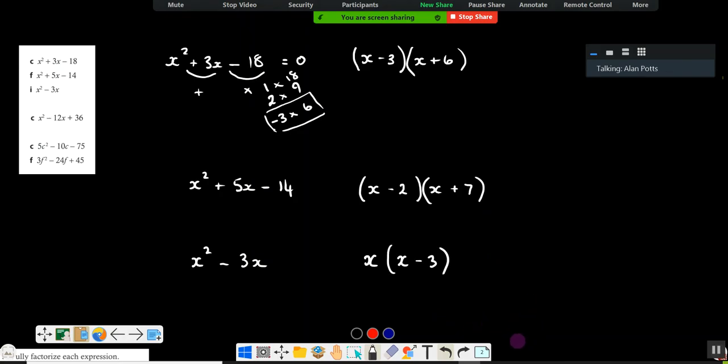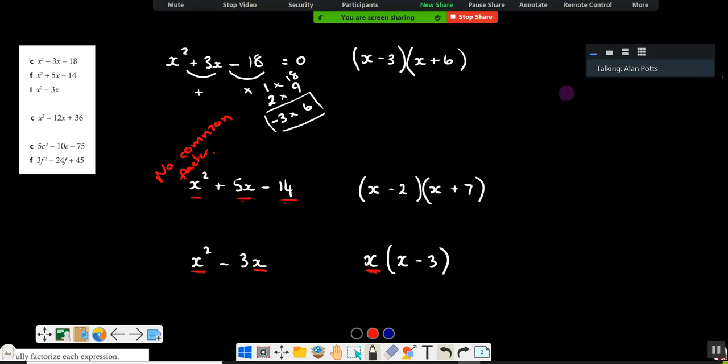This is one where, as we've said before, there's no common factor in these three terms. But in this one, we have got a common factor, x and x. So that's why I can take the x outside of the brackets. When there's no common factor of three different terms, we know we're going to have two brackets.